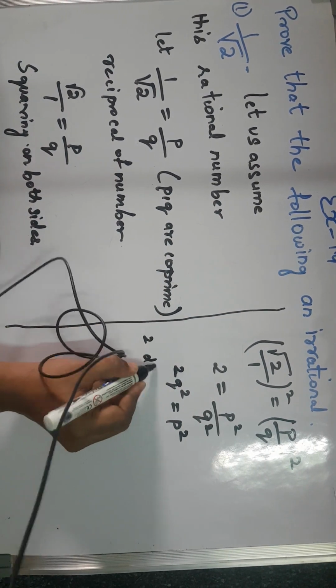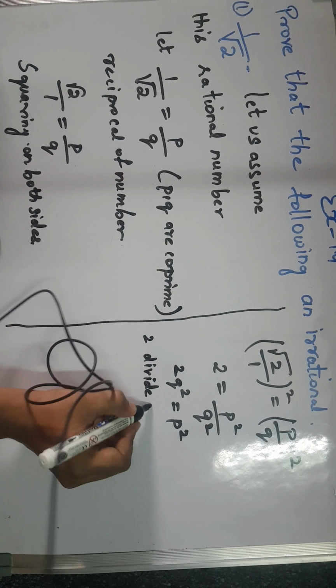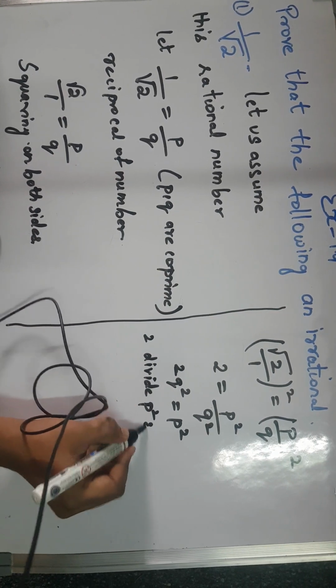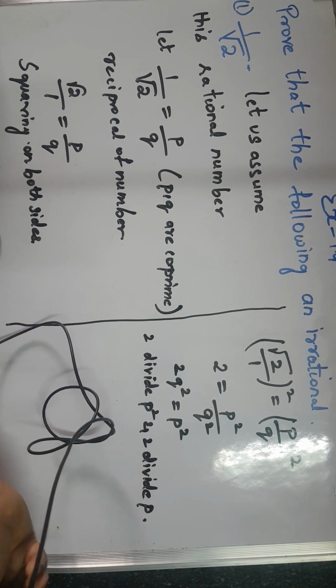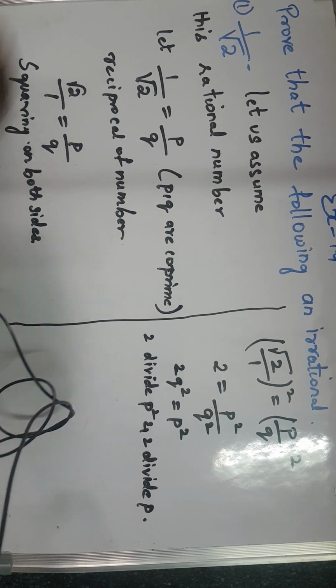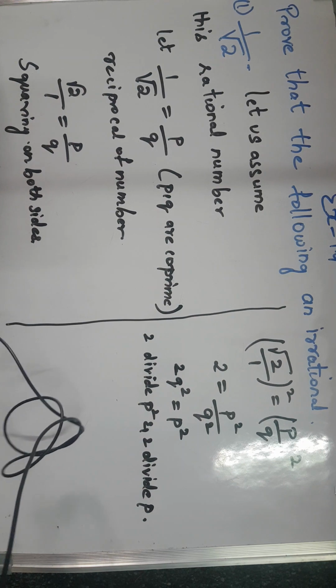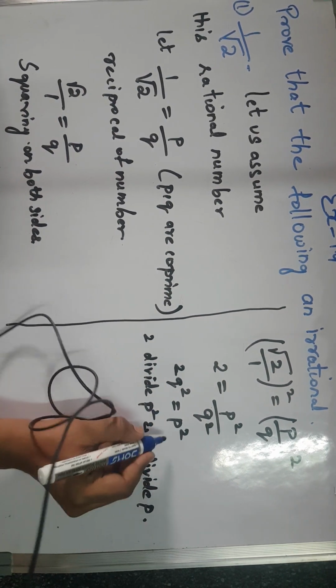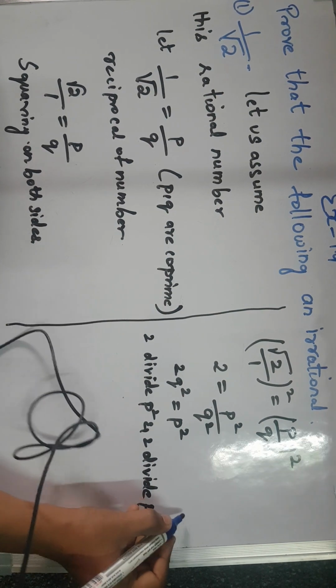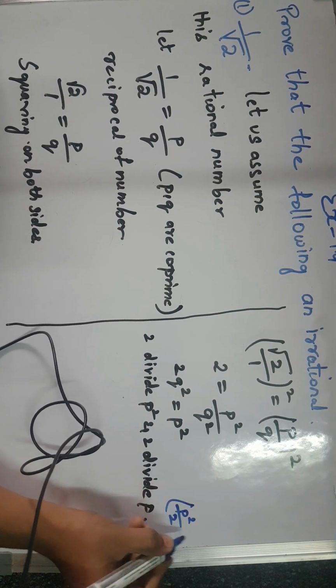Here 2 divides p square and 2 divides p. Why am I saying p here? Because we have to take it as a rational number. So p square by 2 is a rational number.